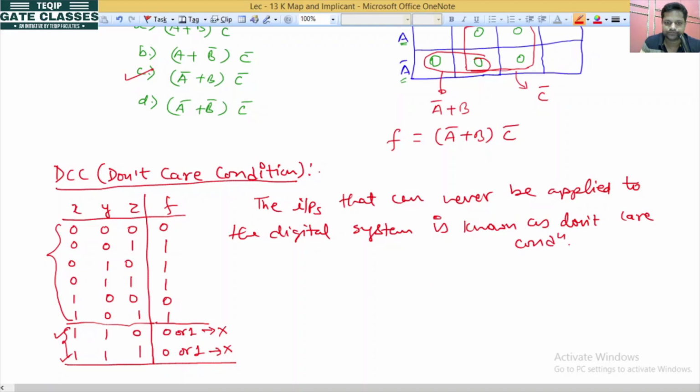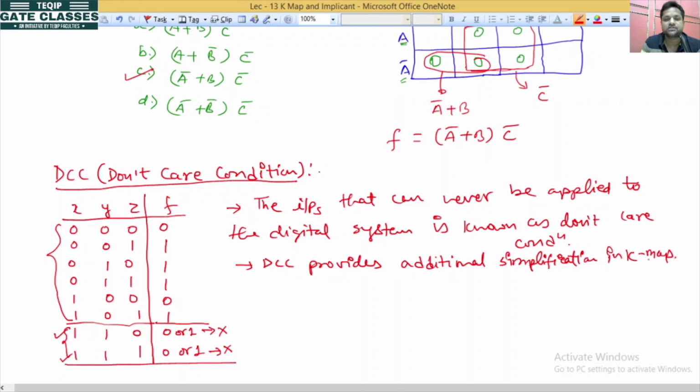Okay, so what is the benefit of DCC? The benefit of DCC is that DCC provides additional simplification in KMAP. Additional simplification it will provide.